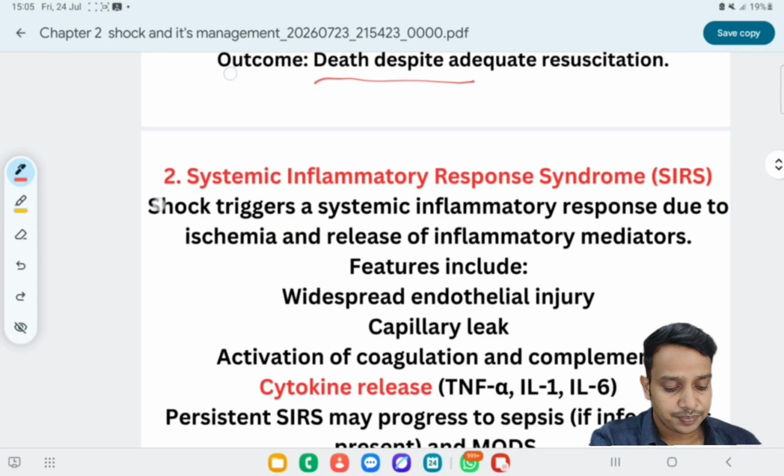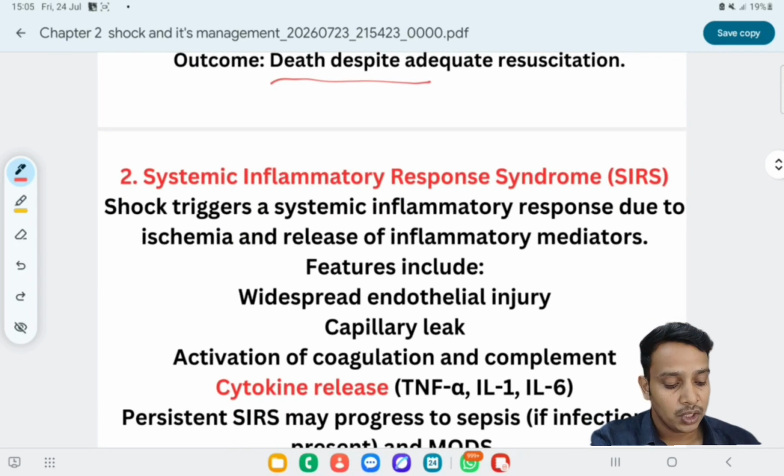Whenever shock happens in the body, it leads to systemic inflammatory response syndrome by releasing multiple inflammatory mediators throughout the body. This could be because of endothelial cell injury, tissue injury, or microvascular injury.